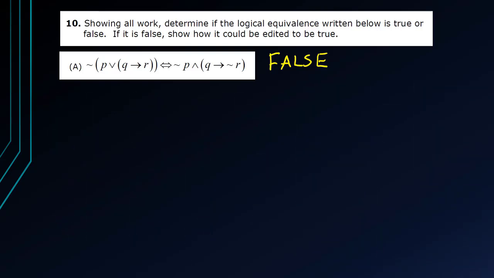So I know the statement's false. Now let's examine some things here. If I start with this statement here, the left-hand side, I want to see what some equivalent statements are.